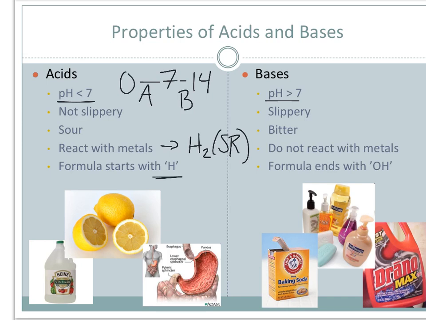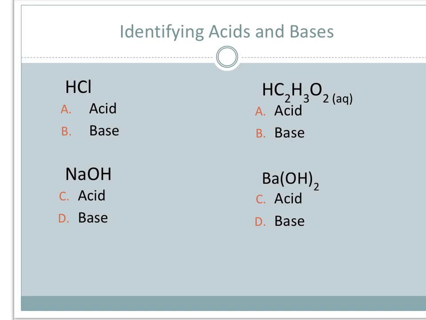Acids, their formulas always start with hydrogen, and for our purposes, bases are going to end with a hydroxide ion, an OH ion. So with those definitions, let's go ahead and identify acids and bases. So HCl, that starts with an H, and so that's going to be an acid.